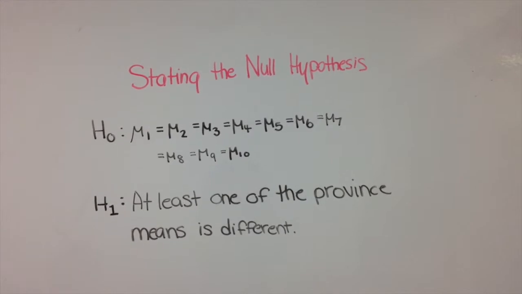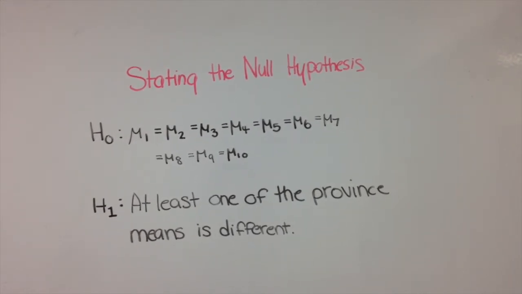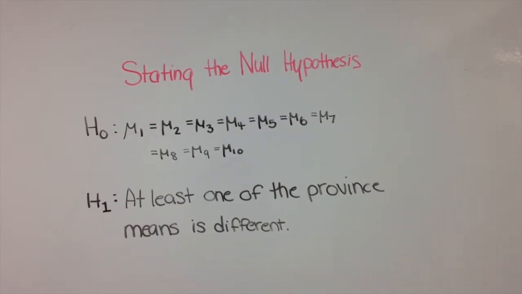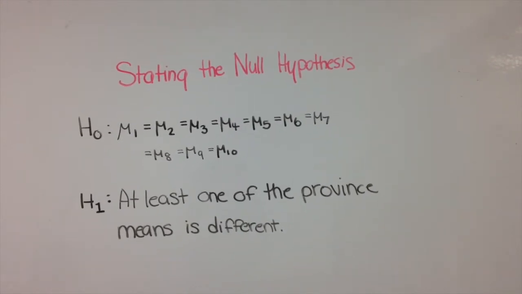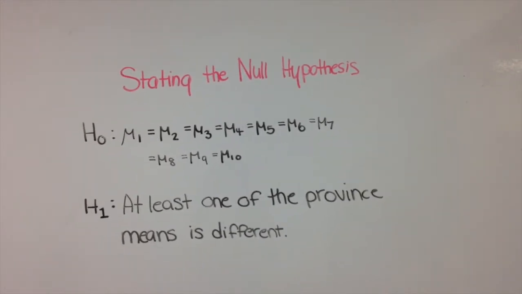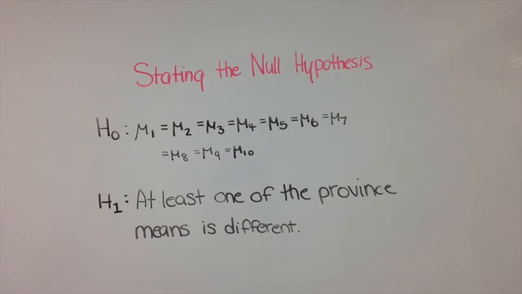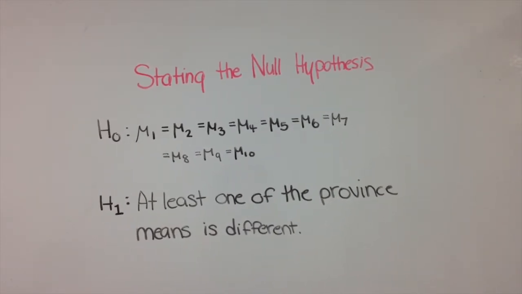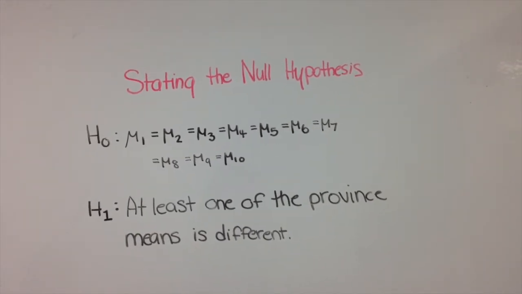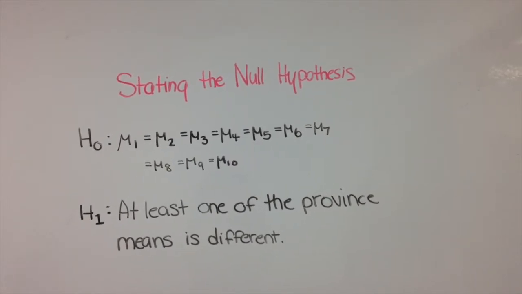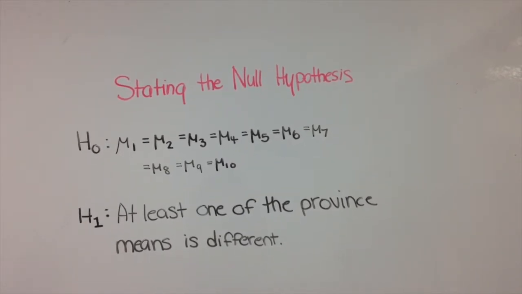The second step is to state the null hypothesis. For ANOVA, the null hypothesis always states that the means of the populations from which the samples were drawn are equal. In other words, the null hypothesis would state that the average income from each province would be equal. Note that this null hypothesis is exactly the same as the null hypothesis for the 2 sample t-tests, just with more samples.